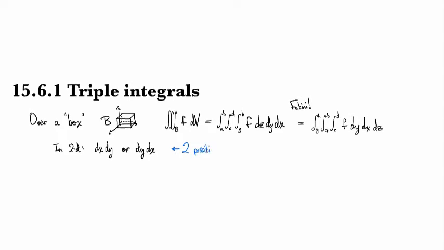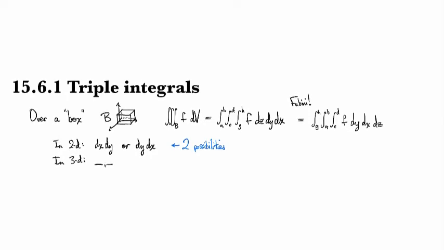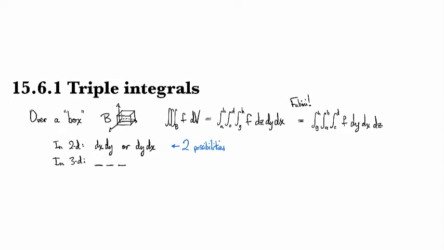How many possible ways are there to do it when we now have a dz in there? Well, in 3D, we're going to have three of them going in order, right? So you get to pick your first one, and there's three possibilities for the first one.